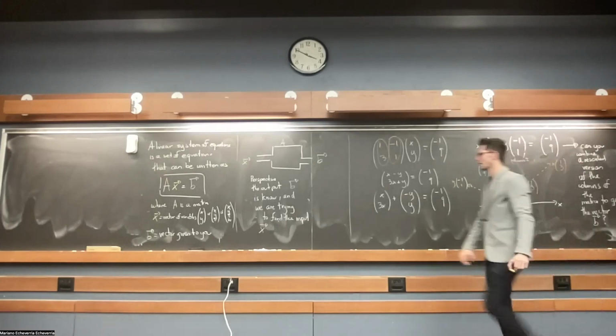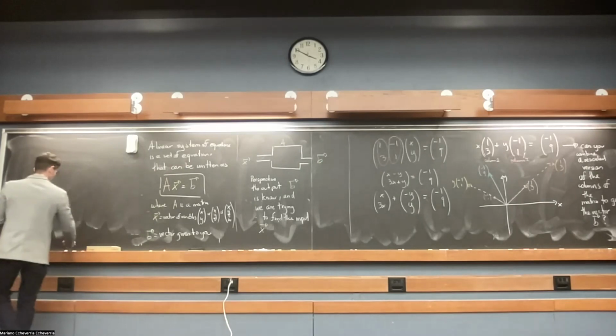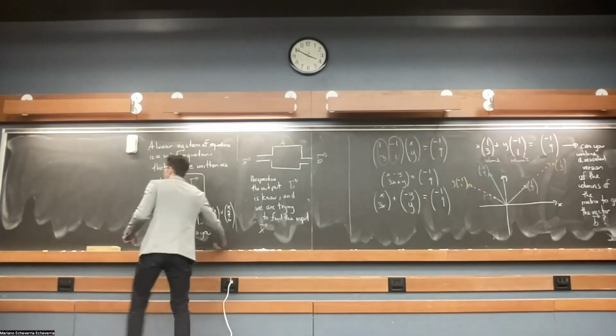Here's an interpretation of this: it is called the column interpretation of the system of equations.